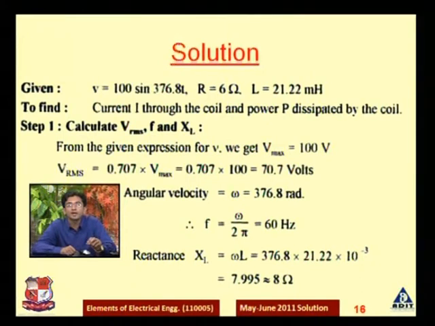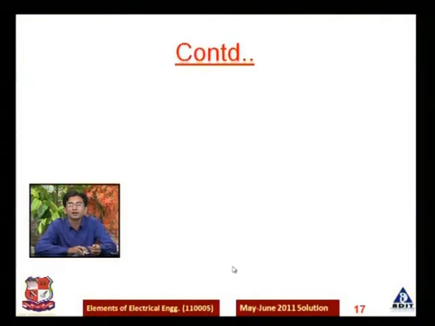In the same way, if you want to find out the power, then also we will need the value of current, because power is nothing but I square R, right? So by this impedance value we can calculate the current as well as the power. So you should keep in mind that inductive reactance is equal to omega L, right?